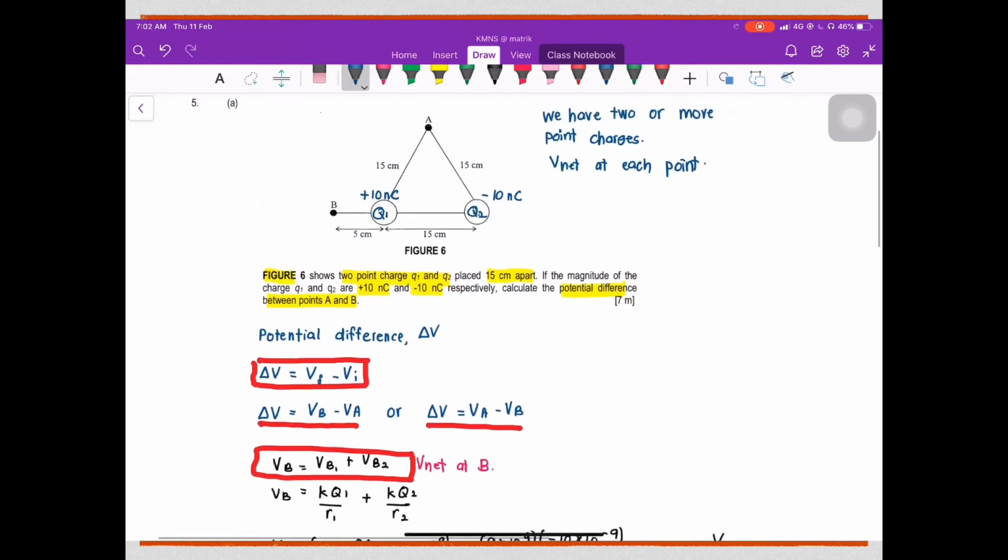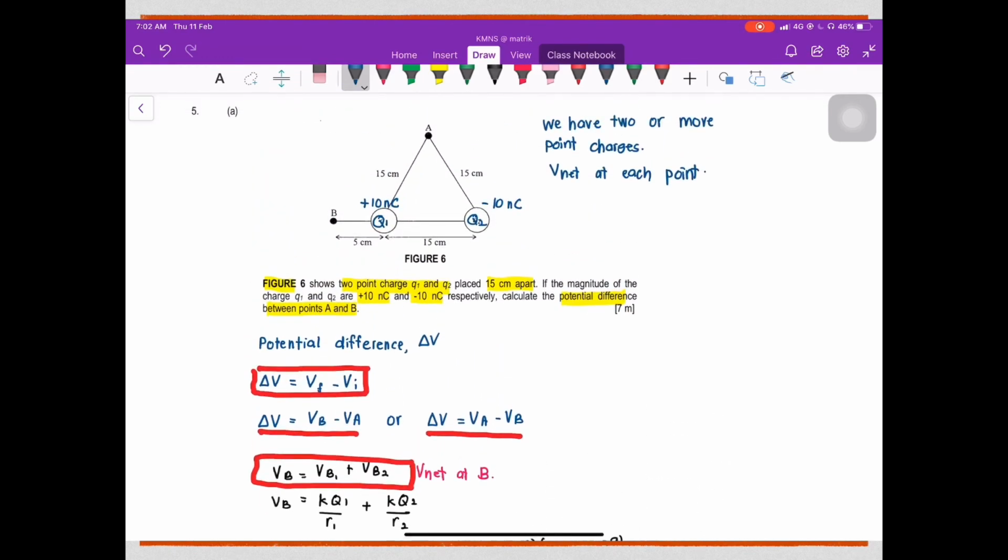Okay, next, refer to the distance. Let's say this is the point B. So the distance for each charge: this is RB1, then this is RB2. Clear?